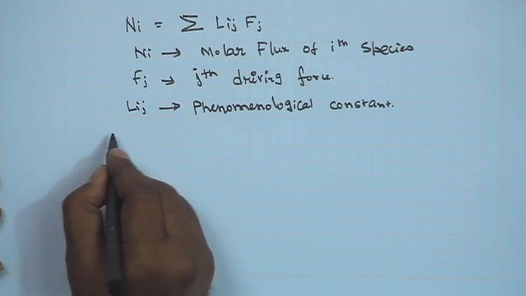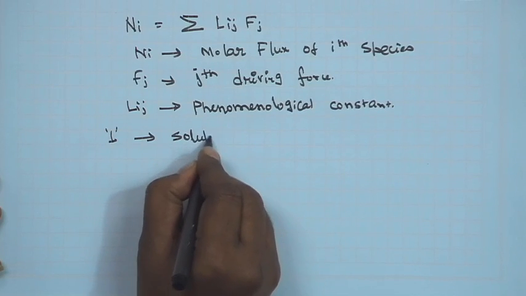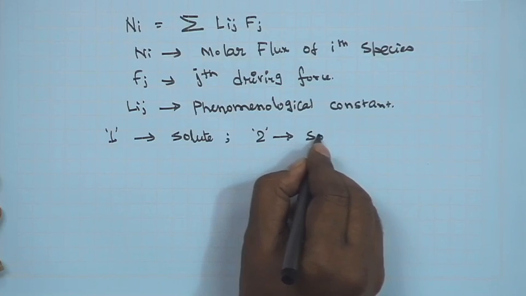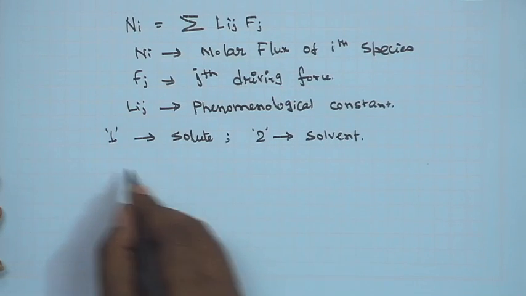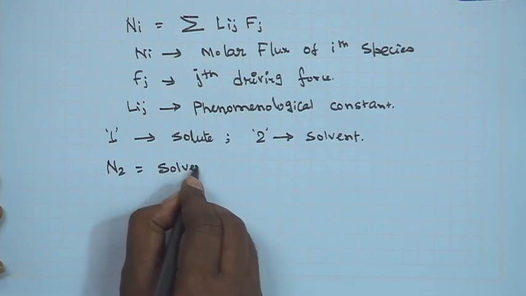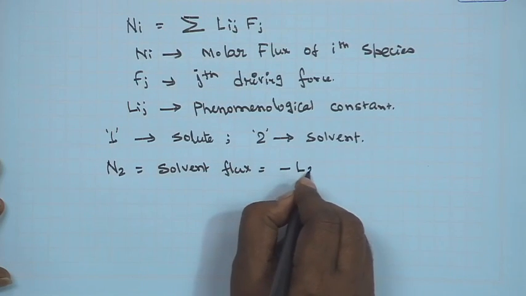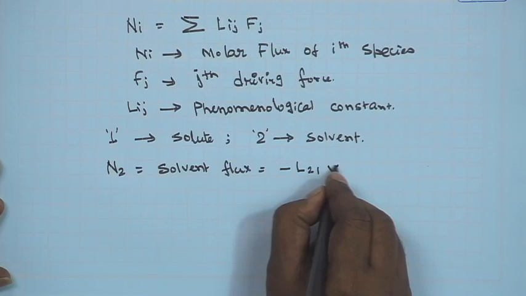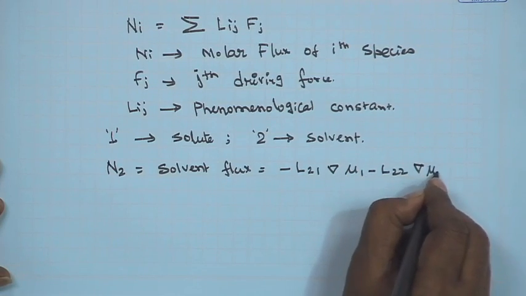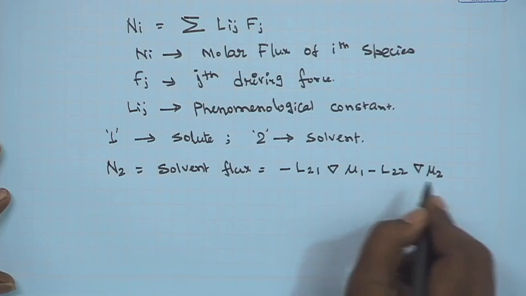Okay. So, now we use a notation: 1 stands for solute and 2 stands for solvent. So, solvent flux can be written as minus L_21 gradient of mu_1 minus L_22 gradient of mu_2, because in our system the force is the gradient of chemical potential.